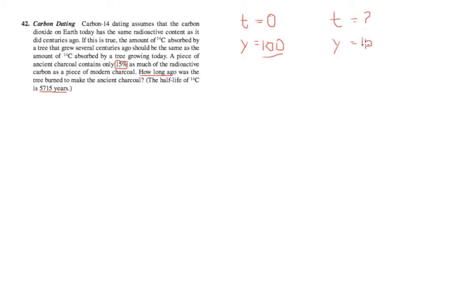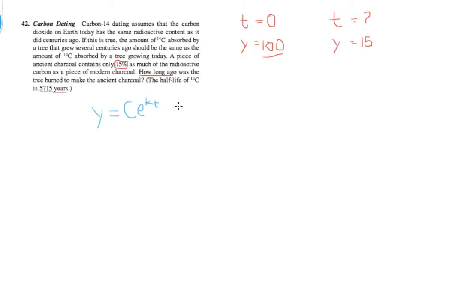When you're doing carbon dating, you use the exponential growth and decay equation, which is y equals c, which is a constant, times e to the k, which is a constant, t.